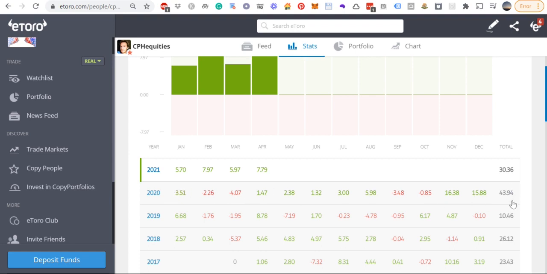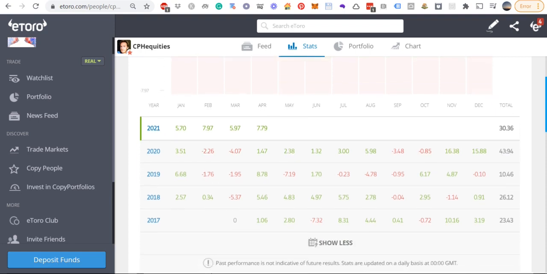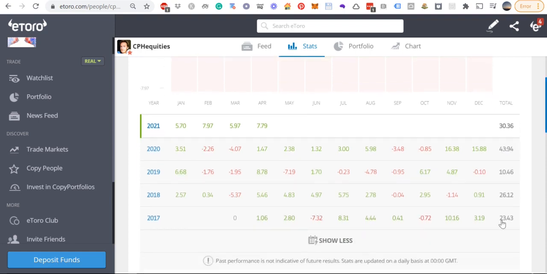So 2020, about 44%. That's okay, but a lot of investors actually did a lot better than that. I mean, 2020, what you want to look for in these historical years is 2018 as well.